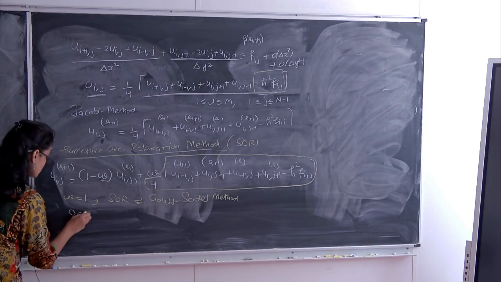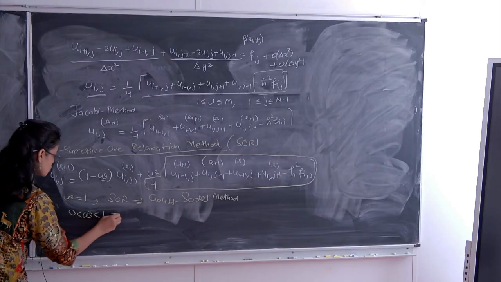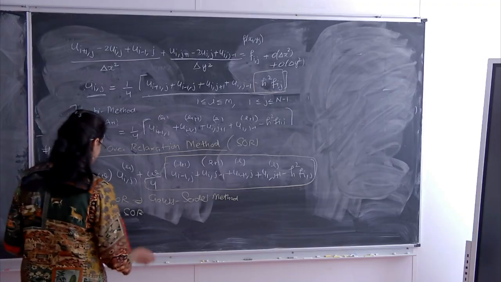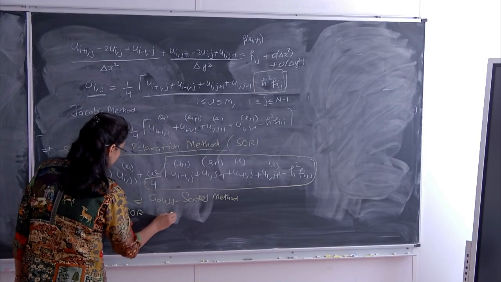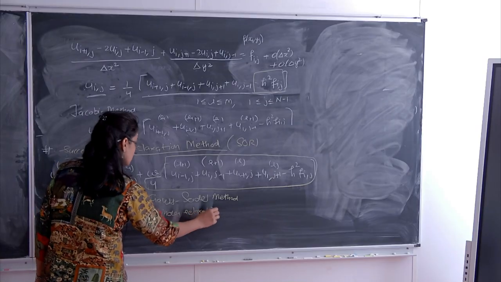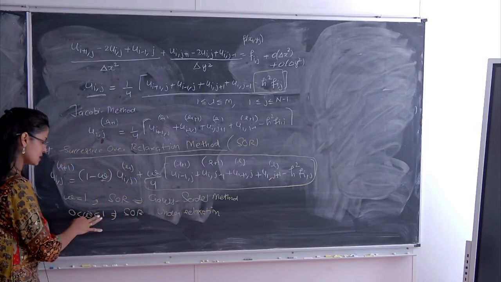So we have three cases. When your omega lies between 0 and 1, that is, omega is less than 1, we call this method under relaxation.